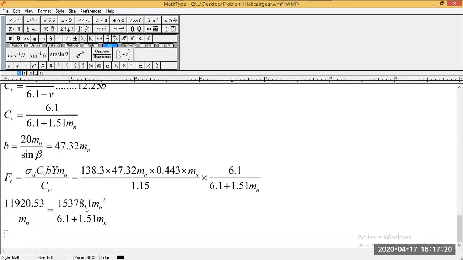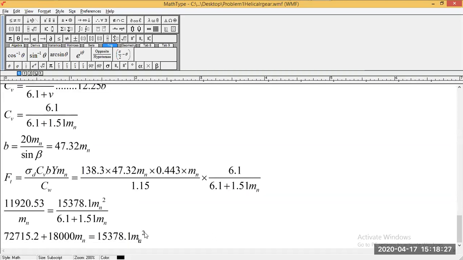Simplifying this equation further, this is 11920.53 times 6.1, which gives us 72715.23, plus 11920.53 into 1.51, which is around 18,000, into mn, is equal to 15378.1 mn cubed.